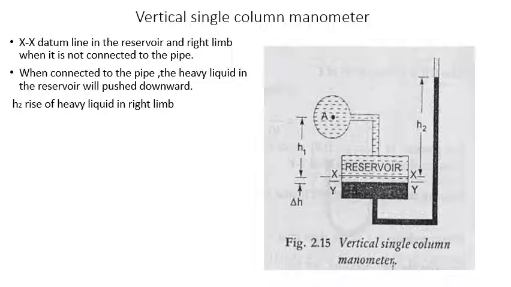Because of the pressure applied onto this heavy liquid in the reservoir, that pressure causes the rise of liquid level in the right limb. That is indicated by the height h2.